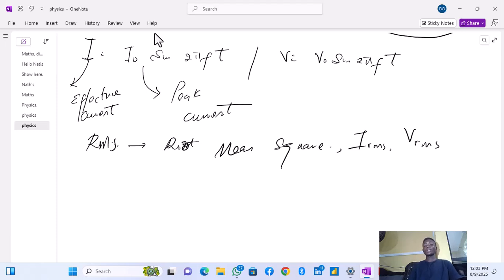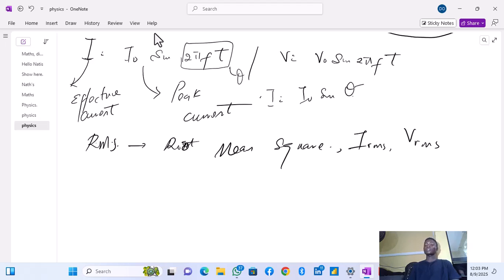So if I equals I naught sine 2 pi f t, let's go back to that theta stuff again. Let's take all these to be theta. That means I equals I naught sine theta.